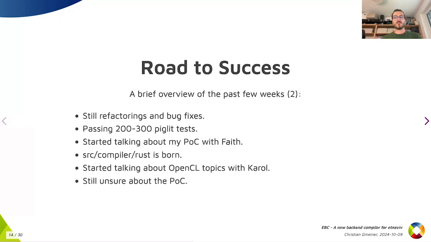I hope that the memstream layer and the NIR instruction printing also find their way into common code. I also began having conversations with Karol about OpenCL topics. This helped me identify some OpenCL specific challenges that the compiler still needs to address. Even though there was progress, I was still uncertain about the proof of concept's future.